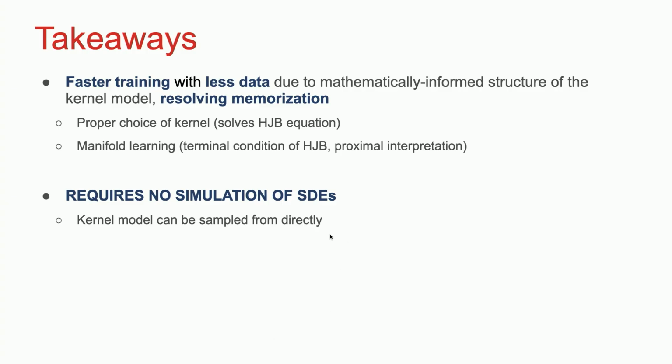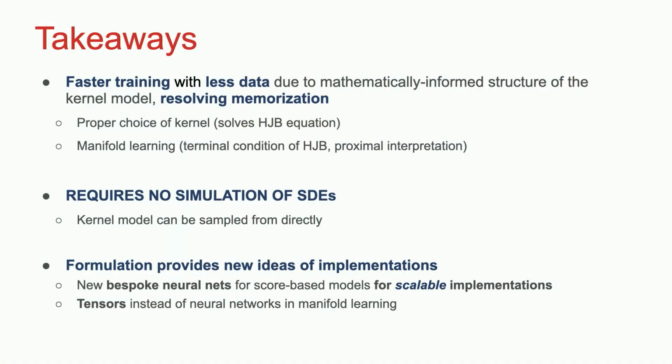And in this case, because we are trying to learn the local covariance matrix, we no longer need to do SDE simulations to reverse. Basically, we just sample using this kernel we already know. But the limitation at this point is that as long as we want to directly learn the local covariance matrix, it's not going to be scalable.